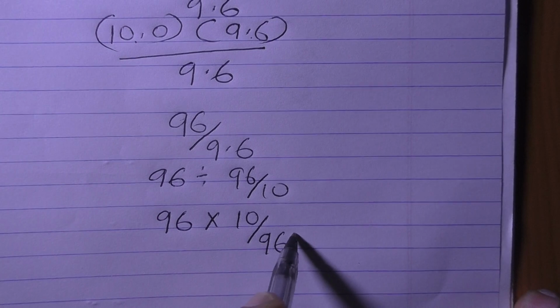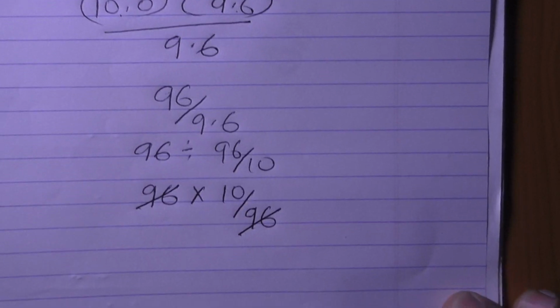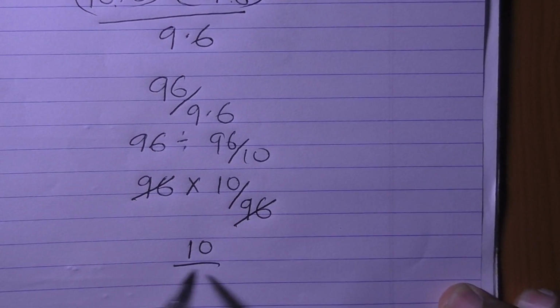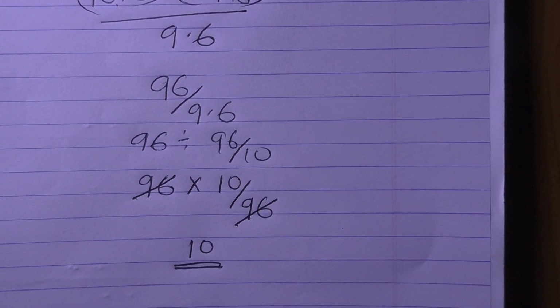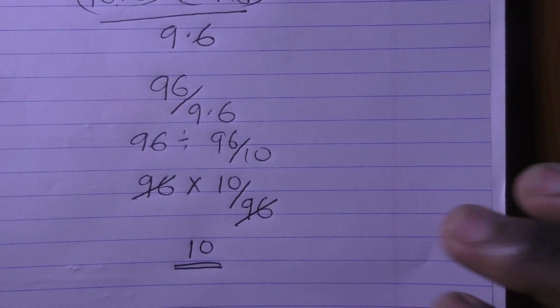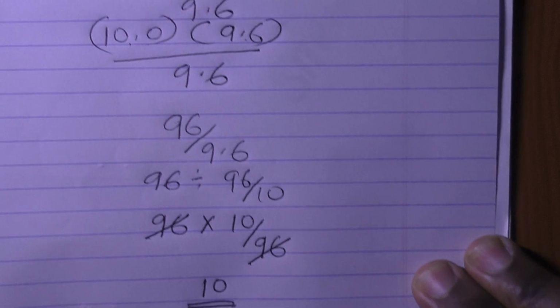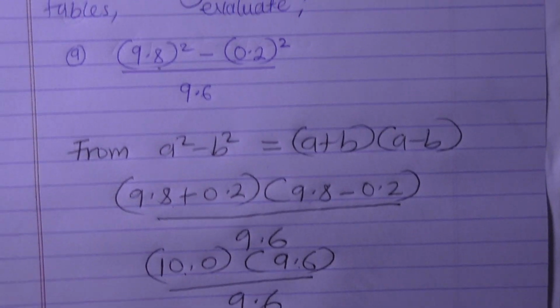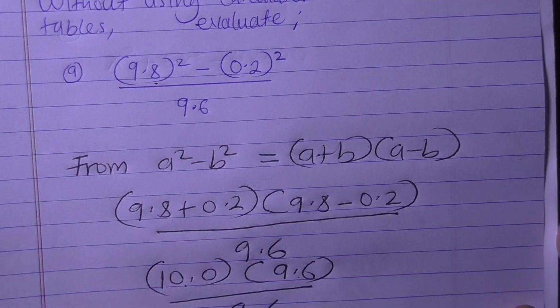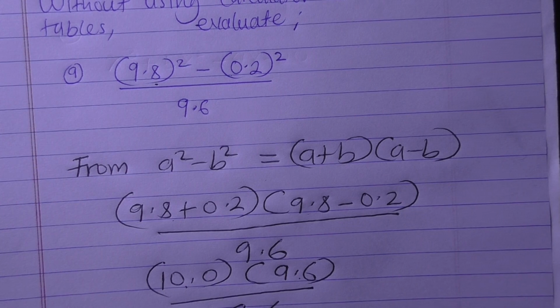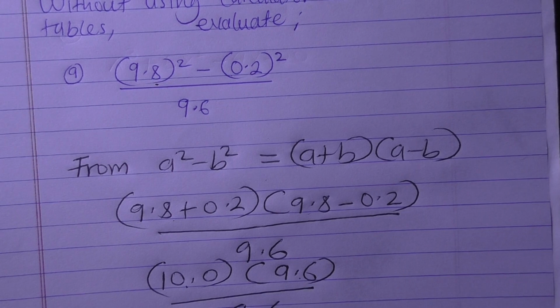So this one reduces with that, and we end up with 10 as our final answer. You can always use the calculator to prove your answer. You can feed this into your calculator, as long as you correctly feed the numbers, you always have to get the correct answer.